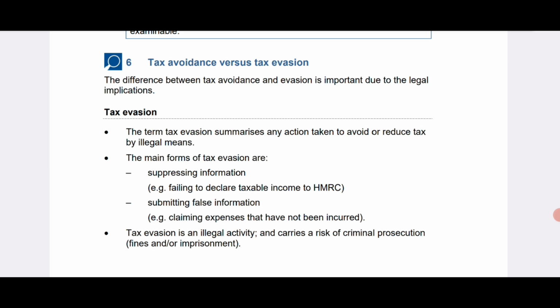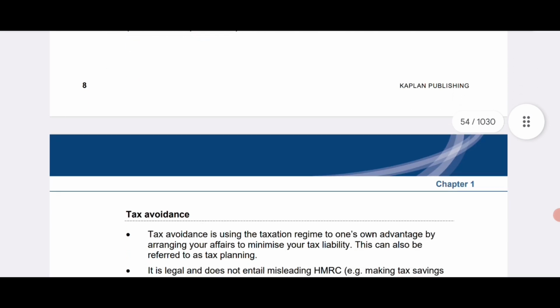Students, you have to remember tax evasion is some illegal activity performed to avoid the tax, such as suppressing information, failing to declare taxable income to HMRC, or if they have earned 100,000, they just show 60,000 within their tax slab to avoid the taxation. Submitting false information is tax evasion. If they are caught, definitely they are caught, because there is a strong control system.